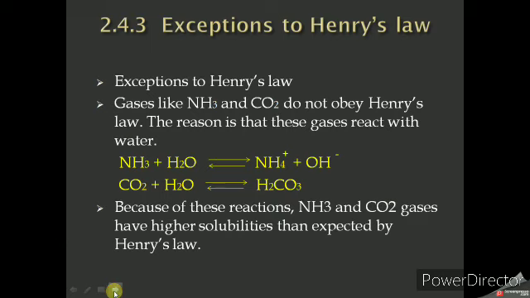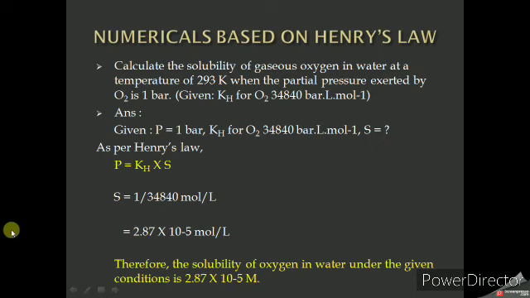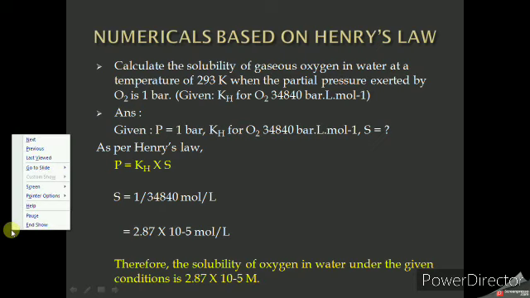Now next is the numerical based on this Henry's law. So one numerical is in front of you. Calculate the solubility of gaseous oxygen in water at a temperature of 293 Kelvin when the partial pressure exerted by O2 is 1 bar.